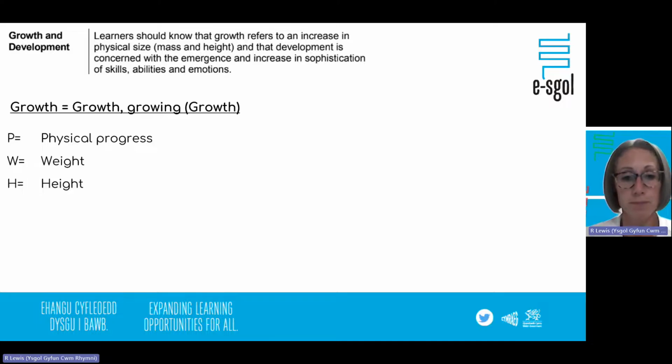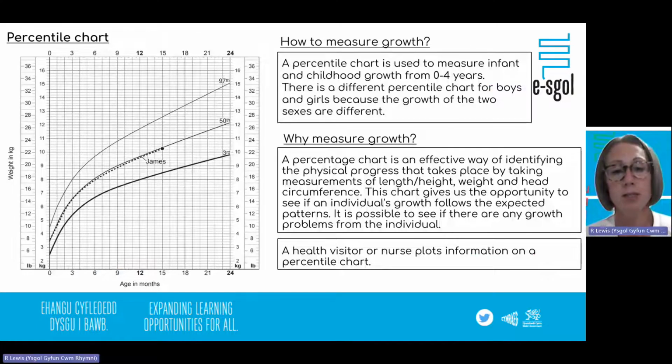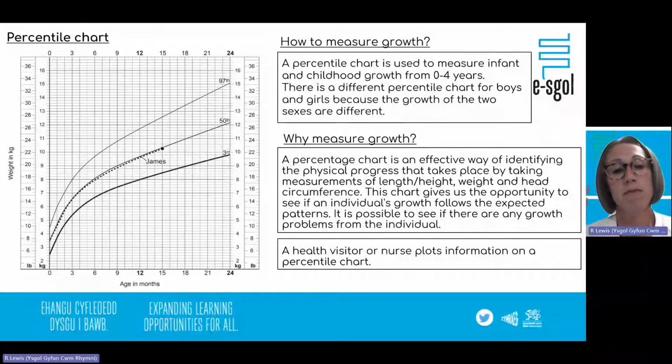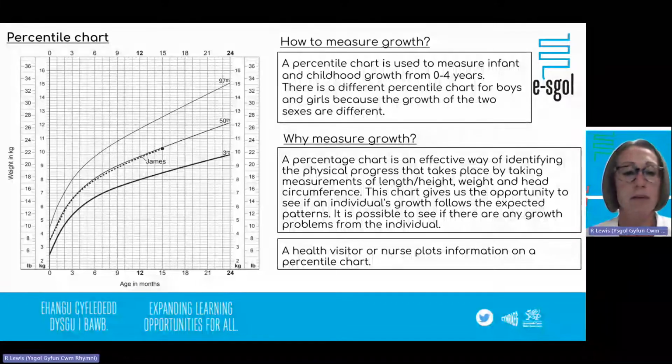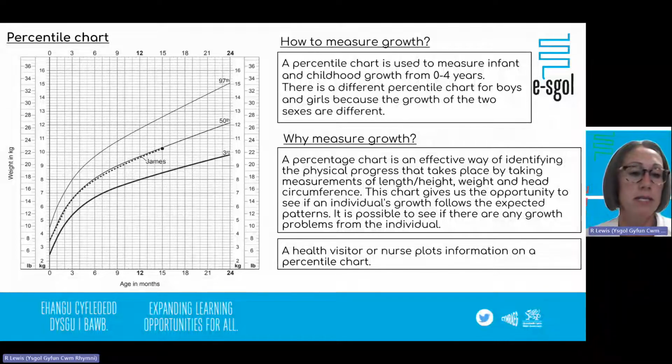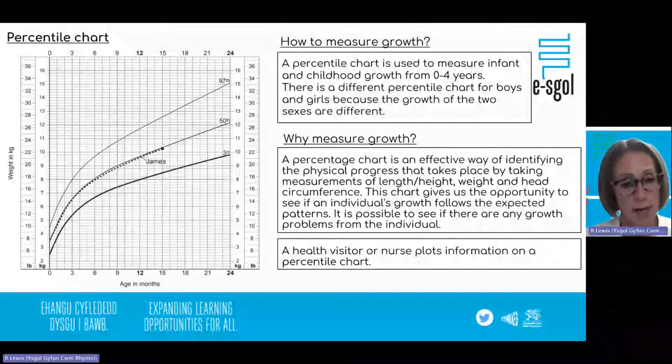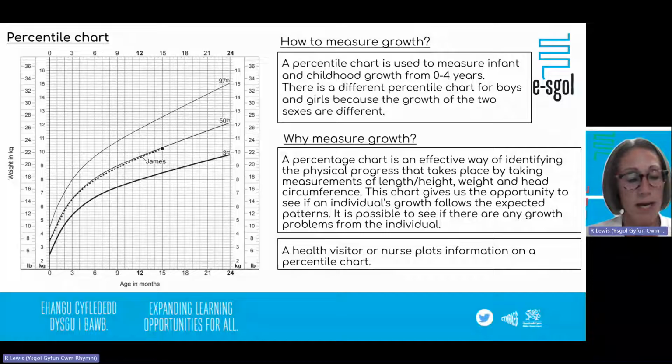So how do we measure growth? We plot key information on a percentile chart, and this is normally used from 0 to 4 years of age. There's a different percentile chart for boys and girls because the growth of the two sexes is different. Therefore, plotting a female on the percentile chart that you see now would give us an inaccurate understanding of their growth.